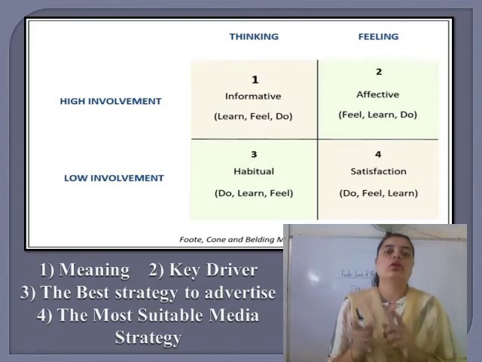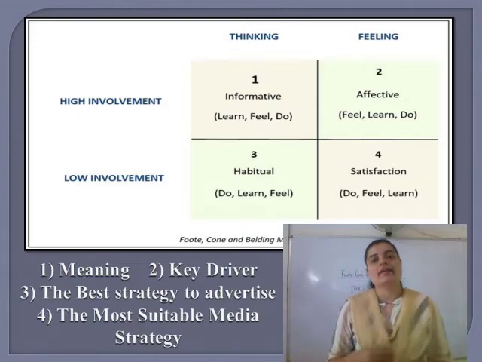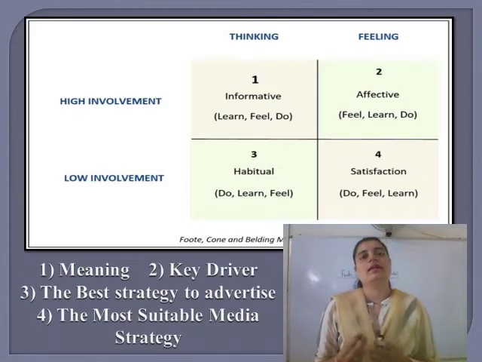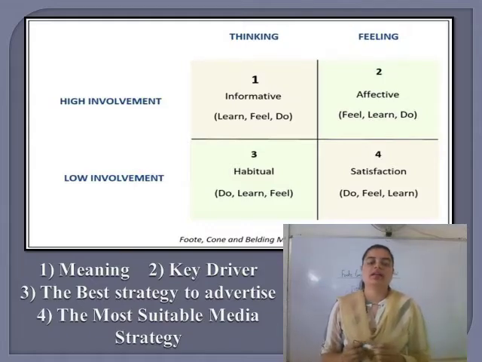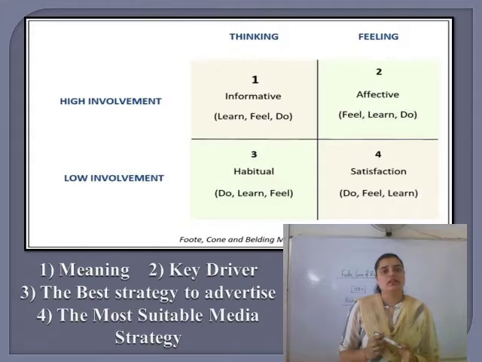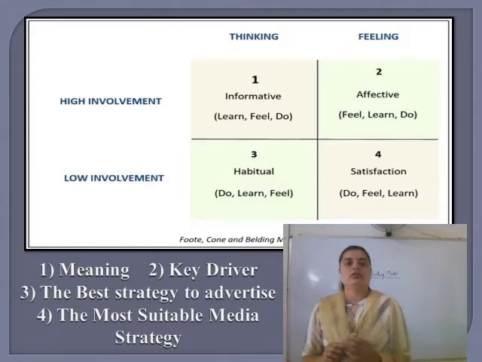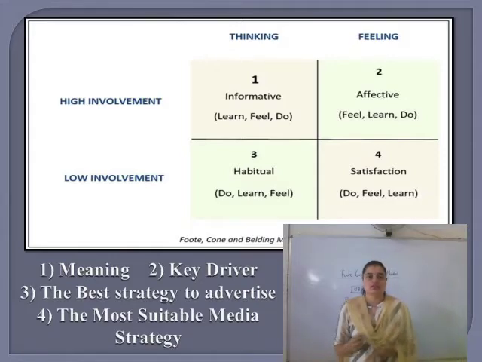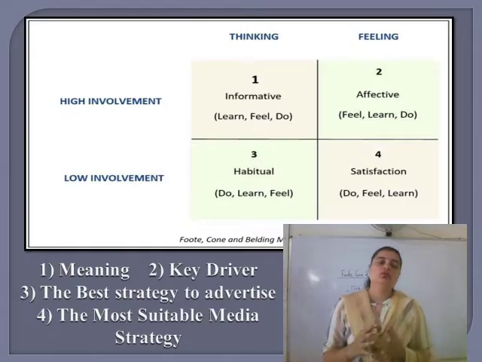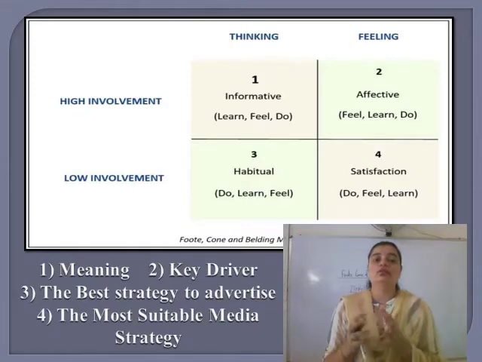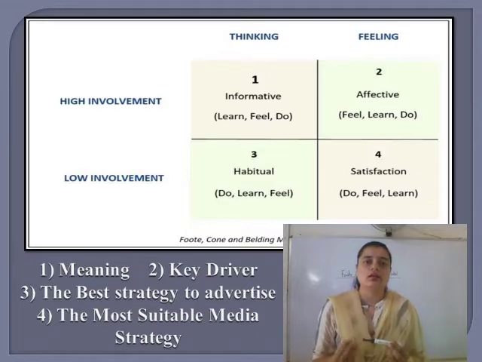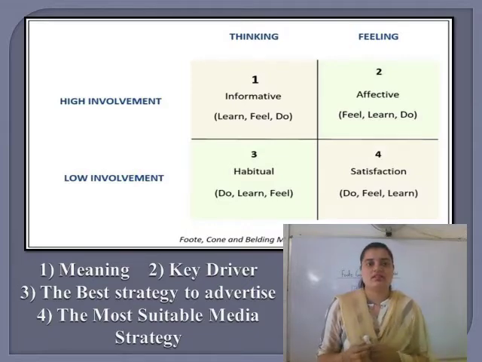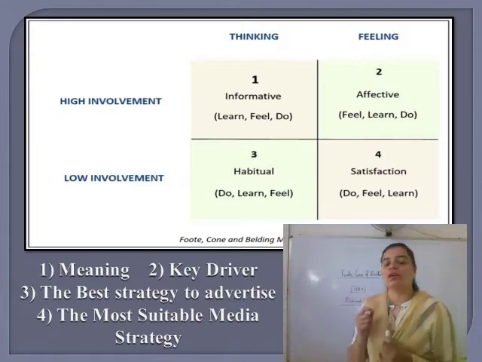The top left quadrant, which falls under the think and high involvement category, is termed as quadrant 1. It symbolizes the deep thinking and the high involvement level shown by a consumer before making a purchase decision. The value that a customer attaches with a particular need or product decides the purchase decision that falls under this quadrant.